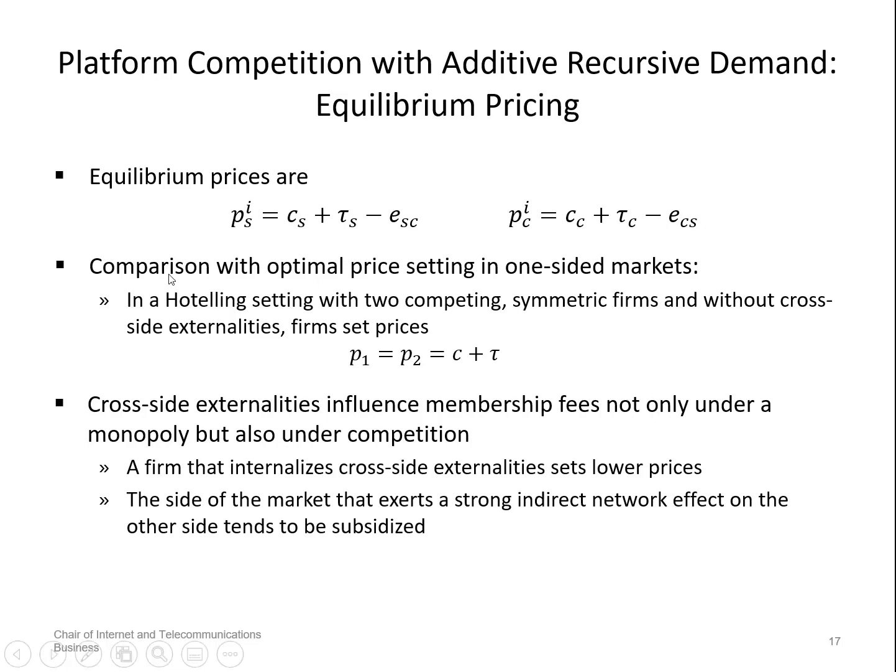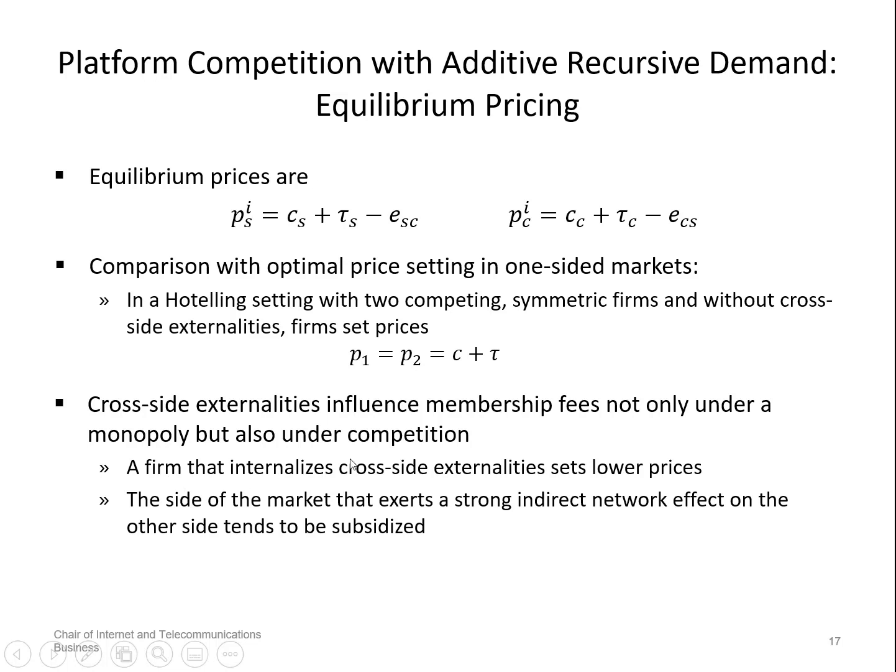Next, comparing this with the optimal price setting in one-sided markets in a Hotelling setup, we know that the price on the two platforms was just c plus tau. But now we notice that the price charged to sellers and consumers has an additional term, e^CS and e^SC. So we can conclude that cross-side network externalities influence membership fees not only under a monopoly but also under competition.